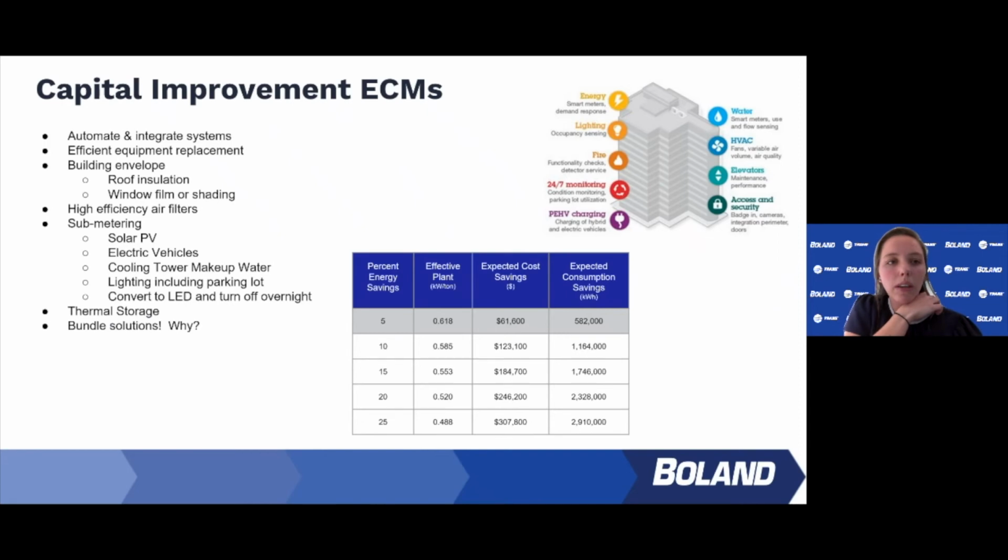So this last one, capital improvements ECMs, these are what's in the name. It's a list of projects that don't really have a simple payback criteria, but they are something good that will improve your building's operation, maybe make you a little more energy efficient or reach Energy Star certification. For example, we have a smart building, little graphic to the right.